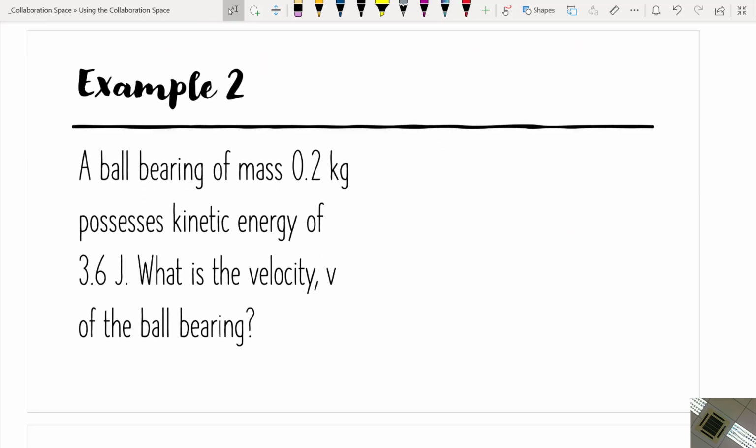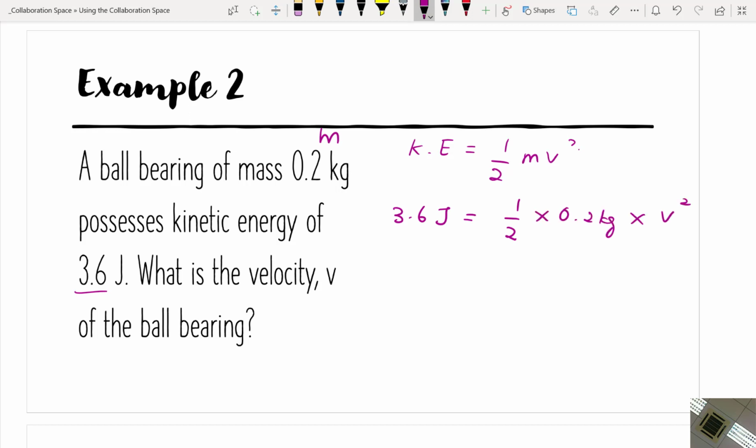A ball bearing of mass 0.2 kg. So this is the mass and this is kinetic energy. What is the velocity? So the solution is, we know that kinetic energy equals to half mv squared. So we substitute everything. Half times 0.2 kg times v squared.